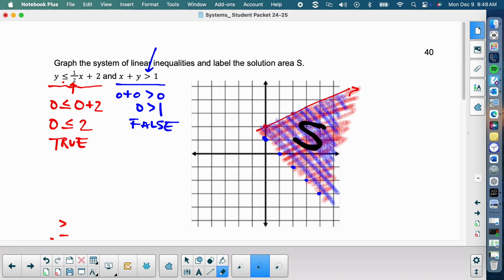Plugging 2 points from there into both equations. Okay, yeah, you kind of could pick a random spot from this section. You could pick the point 5, 0 and plug it into both equations, and if it makes both of them true, then that would be the correct section. That's one way you can check your work.